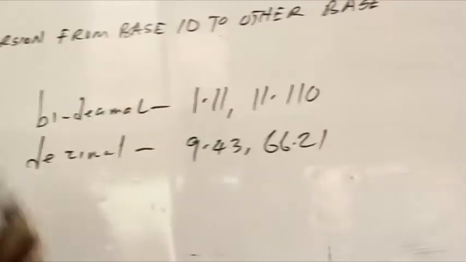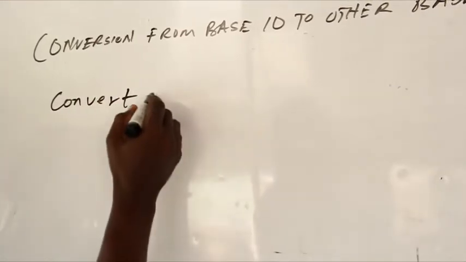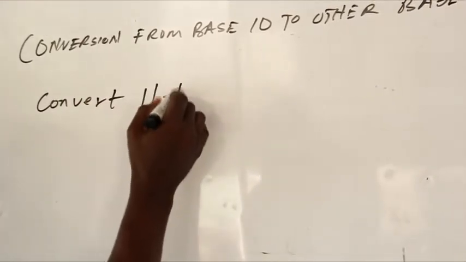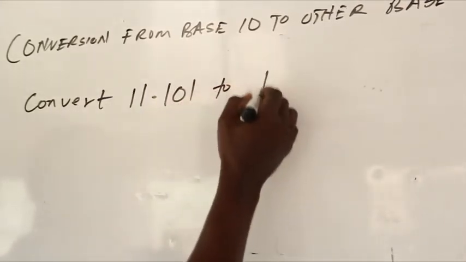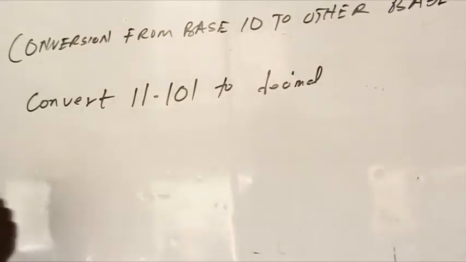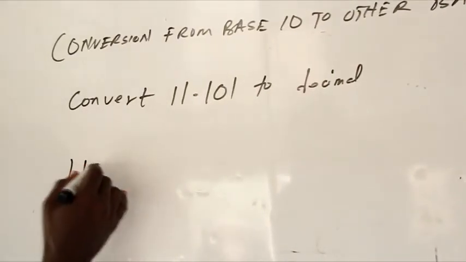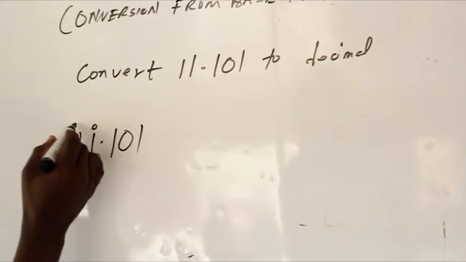Let's take an example. Convert 11.101, which is a bidecimal, to decimal. Right? This one looks tricky, so just be attentive, you'll get it. So here we have 0, 1.